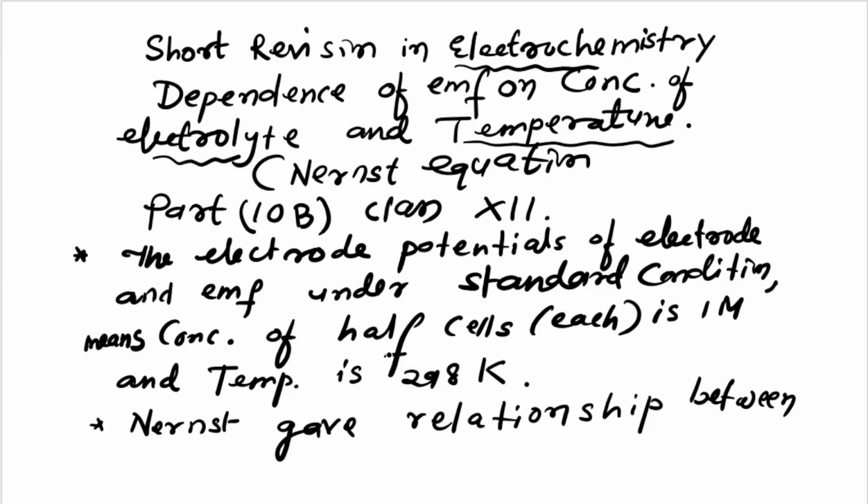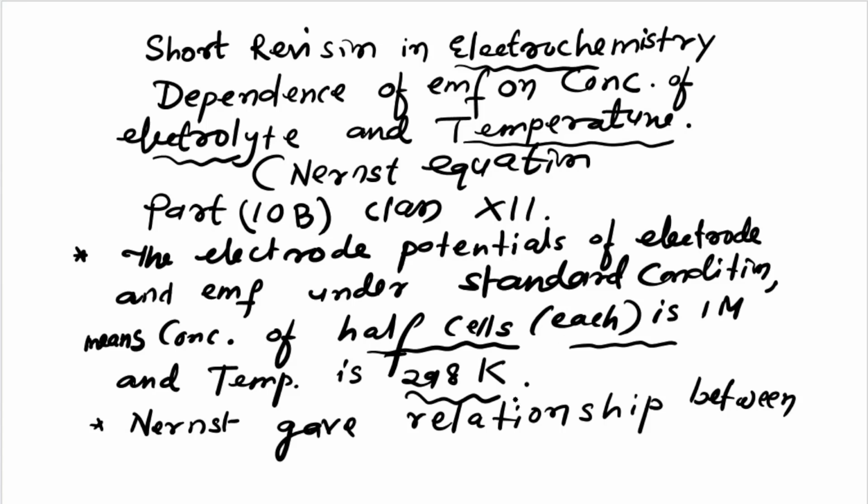One cell consists of two half cells, and the concentration should be 1M, and the temperature 298 Kelvin. So when the concentration of the half cell electrode is 1M, the concentration of the other half cell is also the same, and the temperature is 298 Kelvin, then it is called standard condition.